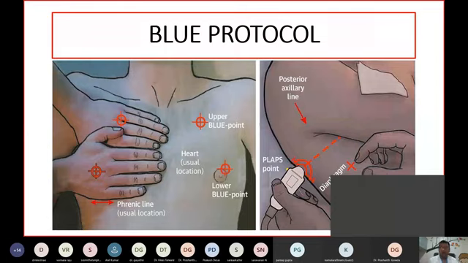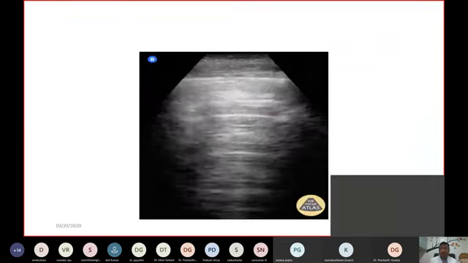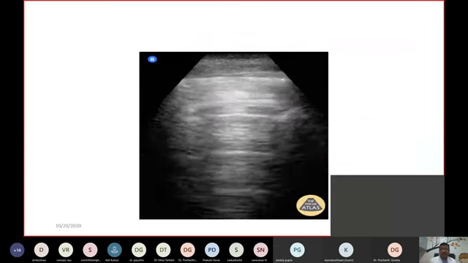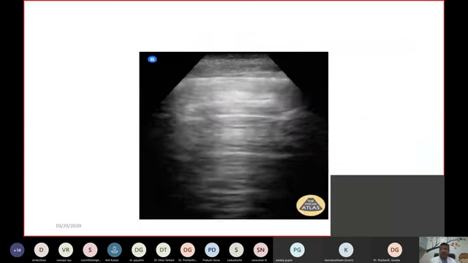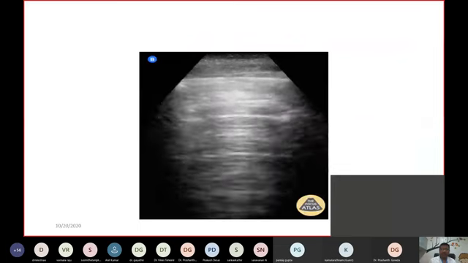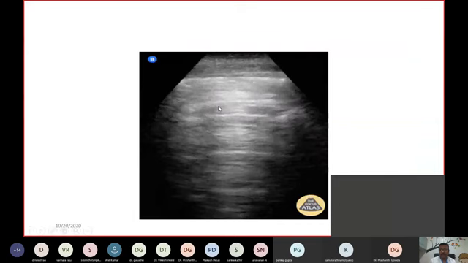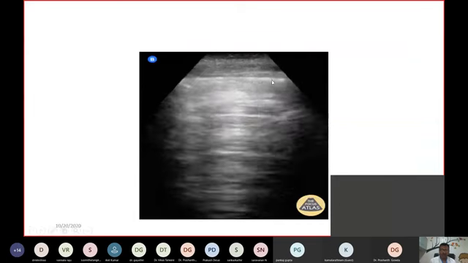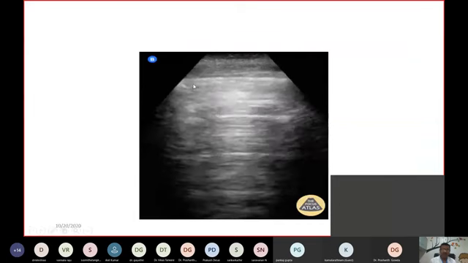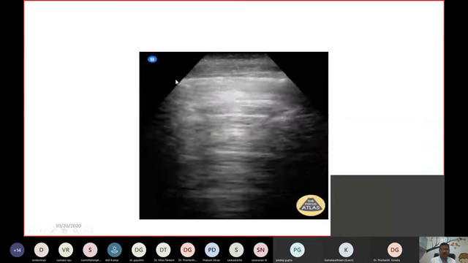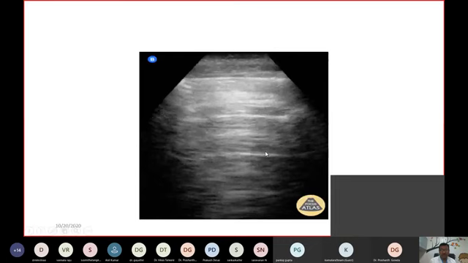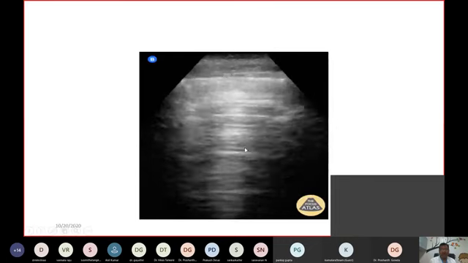Now, how does a normal lung look? We already discussed. It's the A profile, what we call, and the A profile contains a thin pleural line. I hope this video is playing and the slides are synchronous. So you can see this is a thin pleural line, the brightest structure, and then you get equidistant A lines, horizontal lines. These are artifacts.